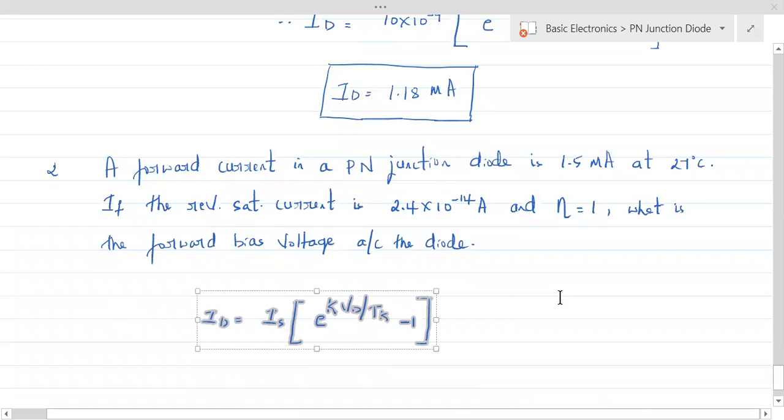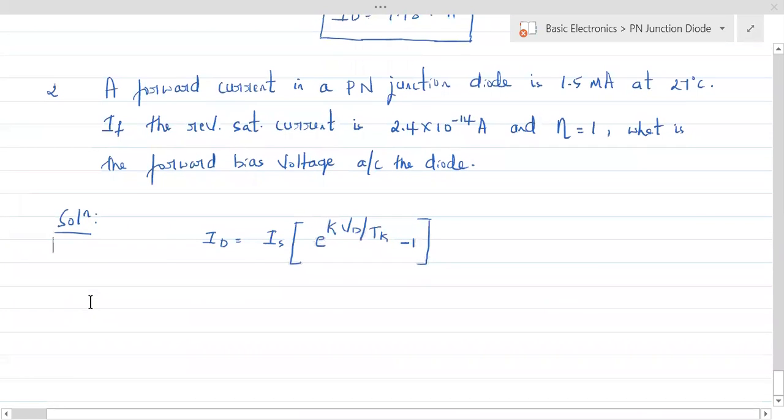Everybody again take down the diode equation in the solution. So what's happening here? What's given? Reverse saturation current is given, that is IS. ID is given, that is this. So here the challenge is to identify the given data.